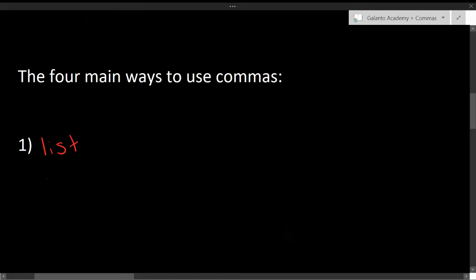And we can use it in simple lists, like I went to the store and bought bananas, ice cream, and milk. Kind of weird combo. Or it can be used for more complex lists, like I enjoy running in the fall, skiing in the winter, and riding my bike in the summer. So sometimes those lists are bigger. Sometimes they're as simple as one to two words.